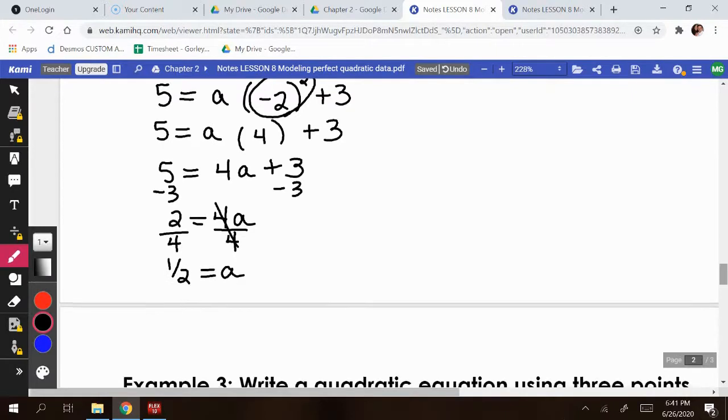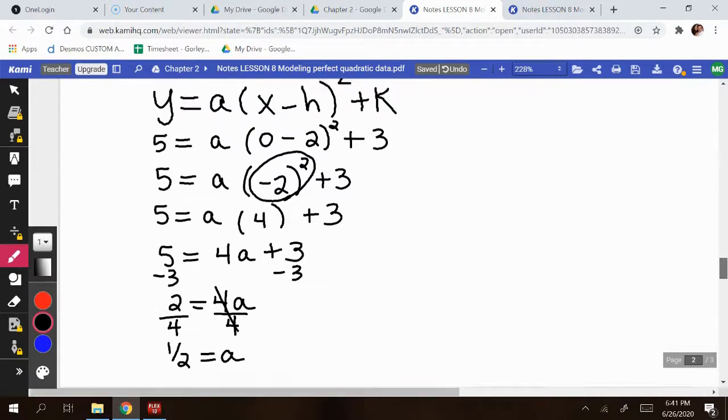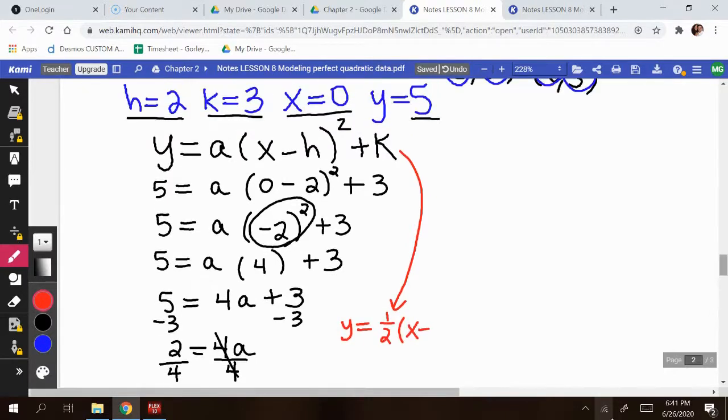Okay, so now that we know that, let's rewrite the function now that we know what a is. So my final answer is going to be y equals, what was a? a was 1/2. (x minus h), what was h? h was 2.